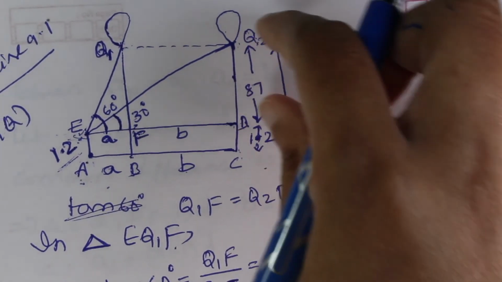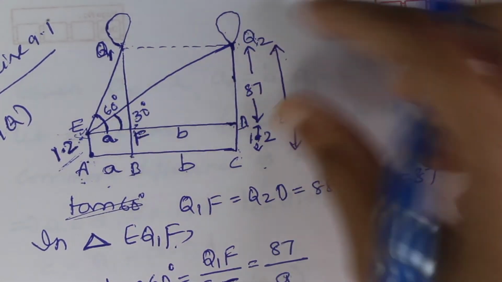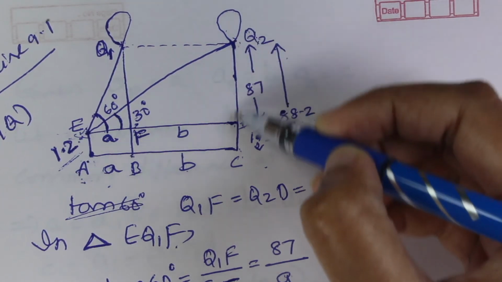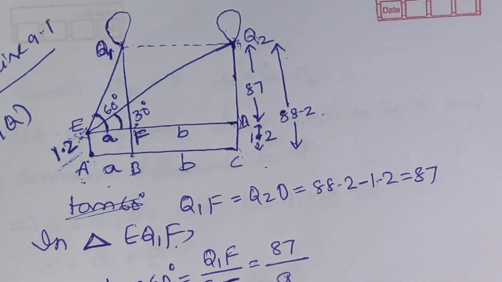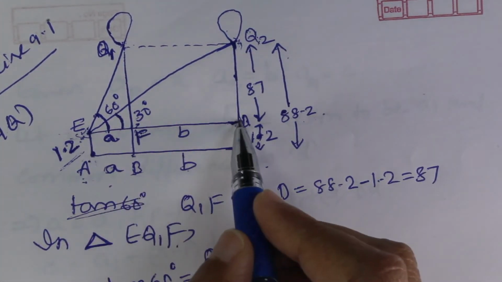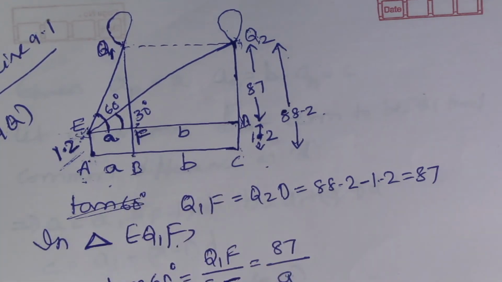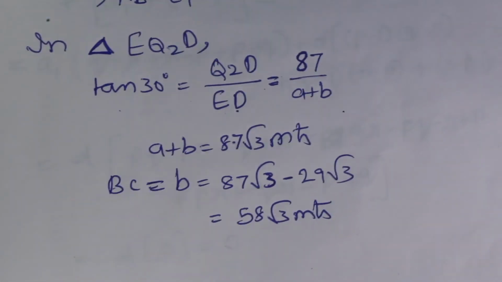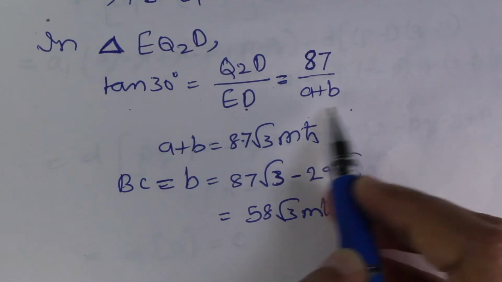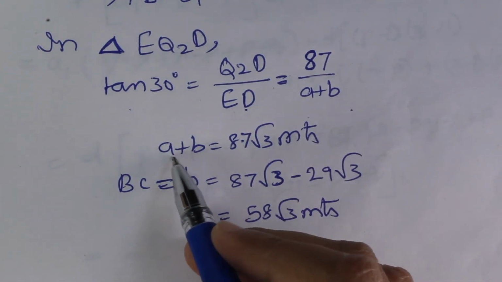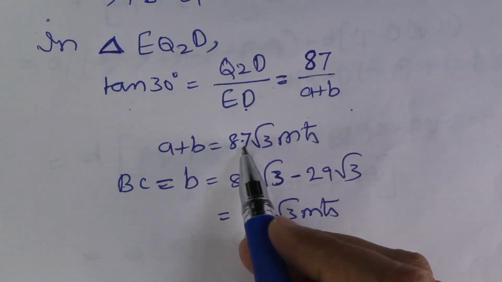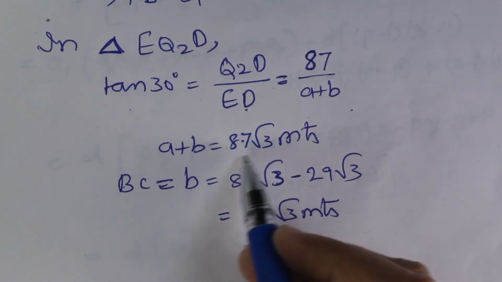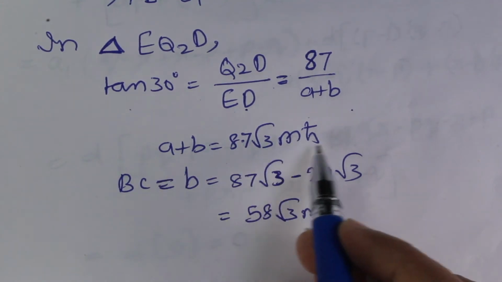This height is 87 meters, right? This is 87 meters divided by ED. ED becomes a plus b. So 87 meters divided by a plus b. So a plus b becomes 87 into root 3 meters. A plus b is equal to 87 root 3 meters.